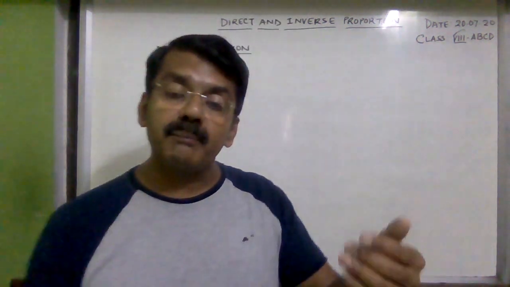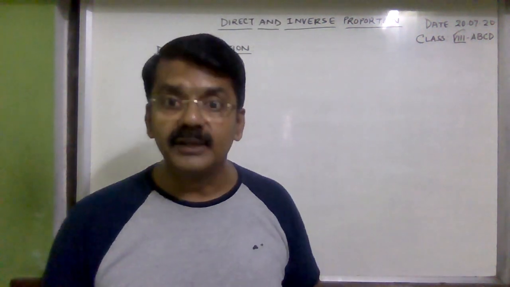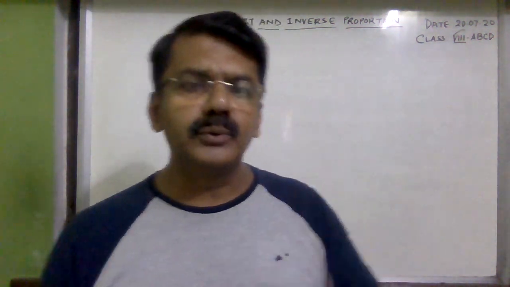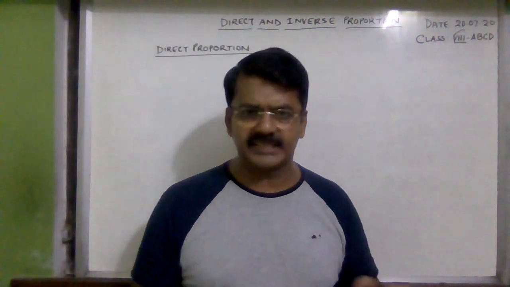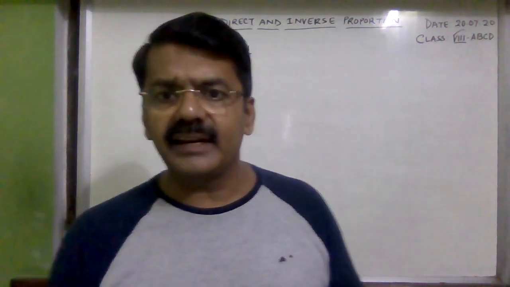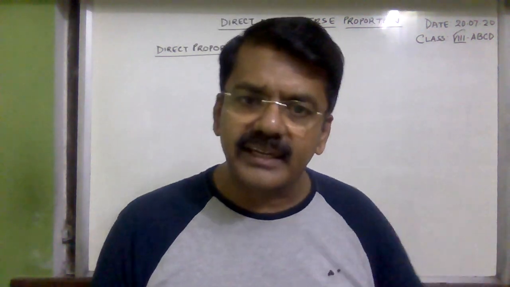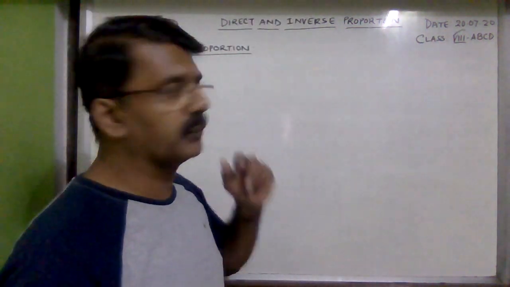And if the number of pens that you are buying is reduced, then the money you are paying is also reduced. So if there are two quantities, say x and y, and they are related in such a manner that when x increases, y also increases, or when x decreases, y also decreases, then it is said that x and y are in direct variation or direct proportion.